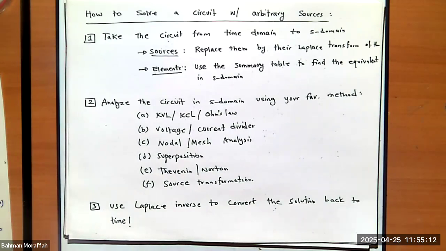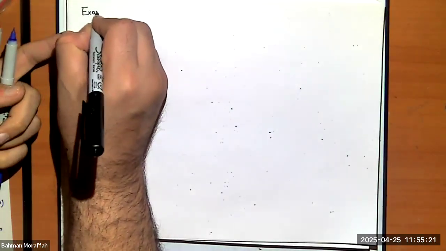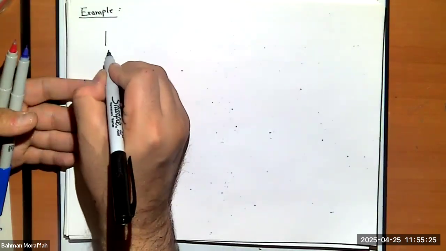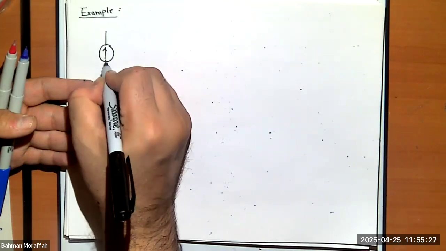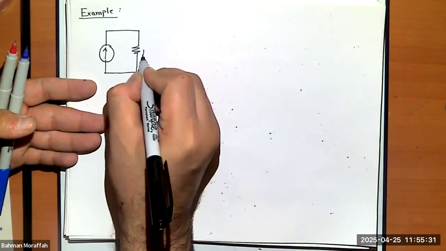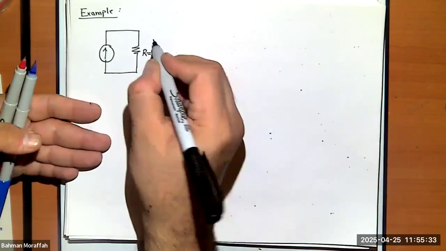Let's do an example. Let's just say I'm given this circuit. I have R equals 10K.